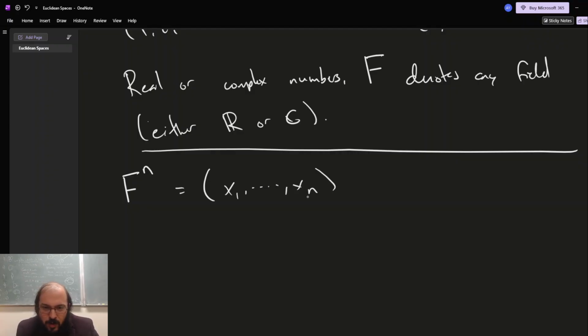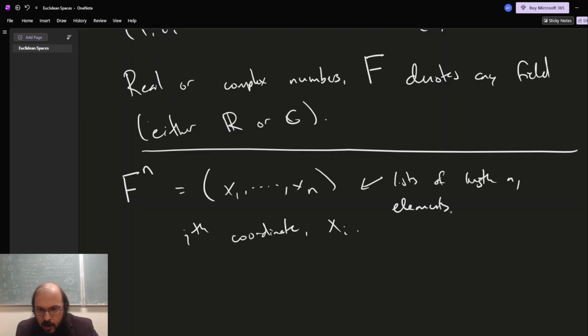It's an arbitrary length. We'll use subscripts to index our variables. So if I want to speak of the ith coordinate, I'll probably just call that x_i. And we will use F^n to mean lists of length n, with elements coming from field F.